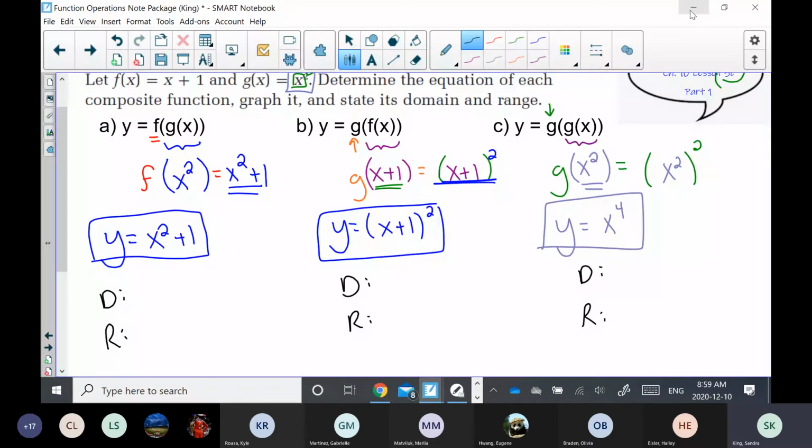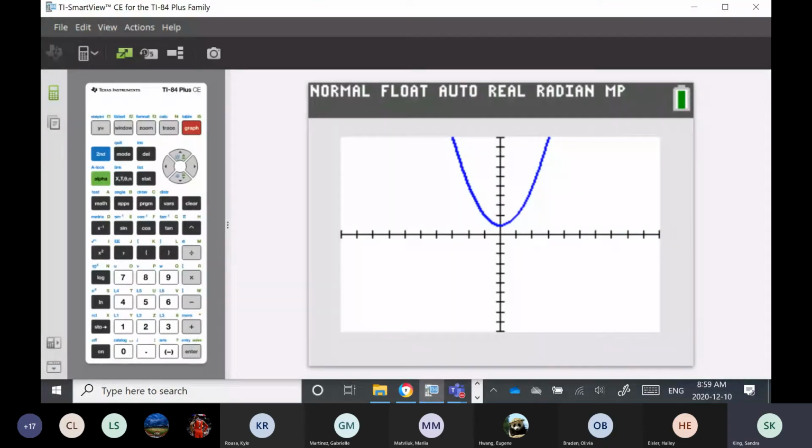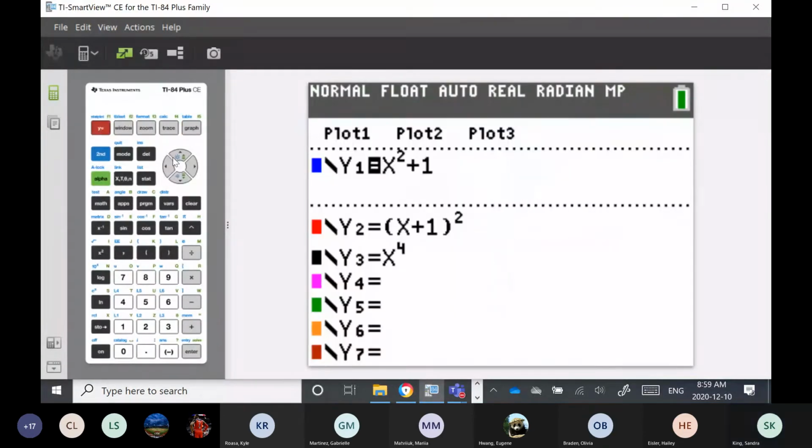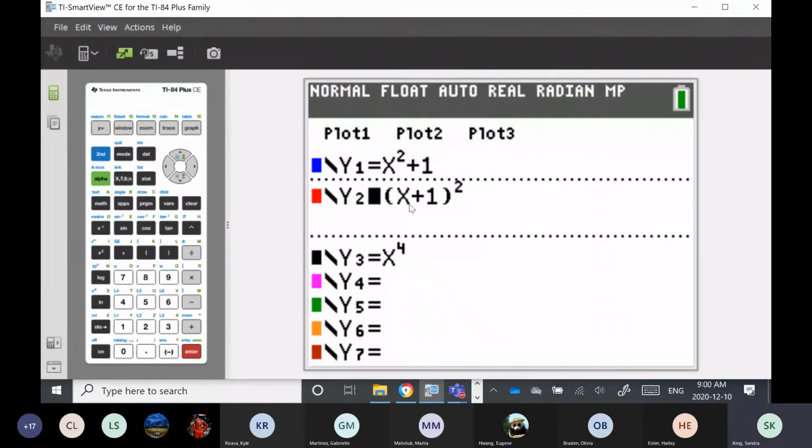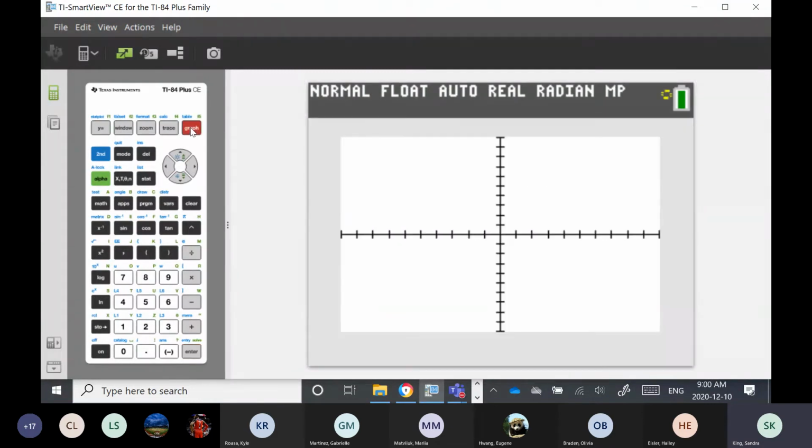So let's write that down. The domain is x belongs to the reals, and the range is y is greater than or equal to 1. If I now graph the second explicit equation, which was this guy here, (x plus 1) in a bracket squared, here's what I would get.